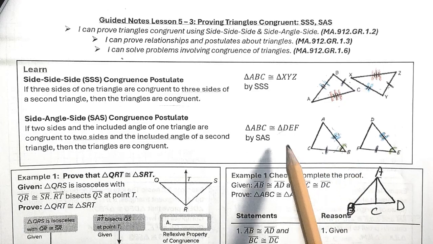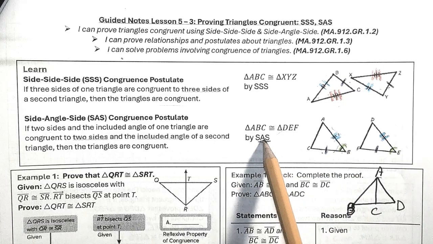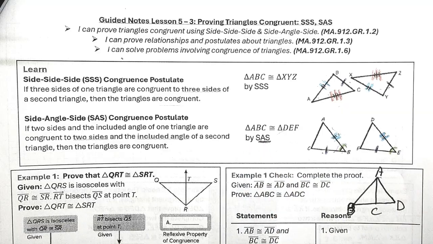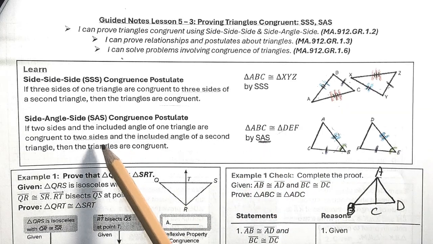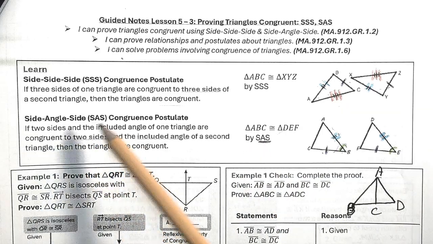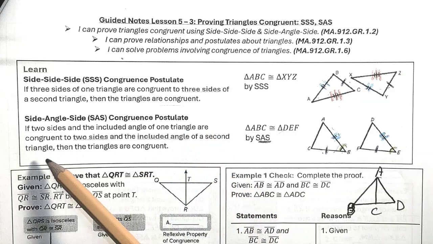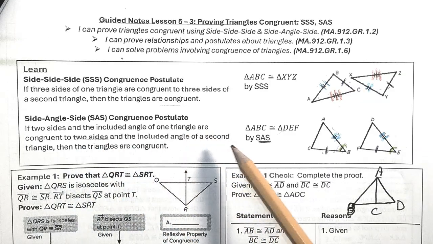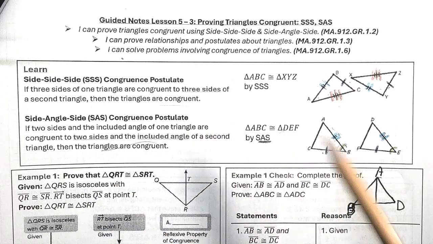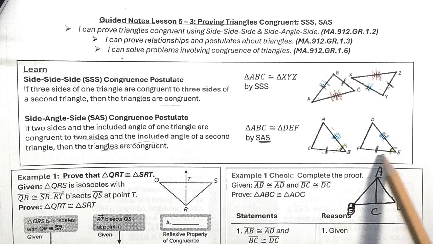The angle's in between, and it's on the triangle just as it's written. Two sides and the included angle of one triangle, and 2 sides and the included angle of the second triangle, then those triangles are congruent. So again, three of the 6 corresponding parts.